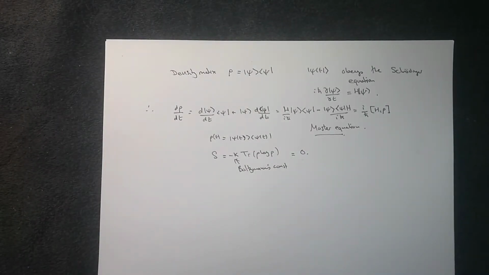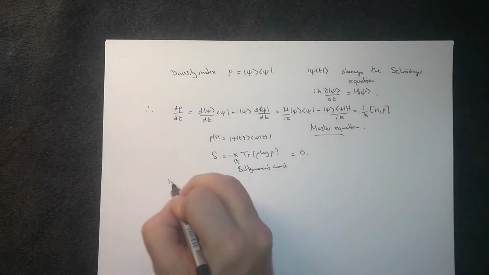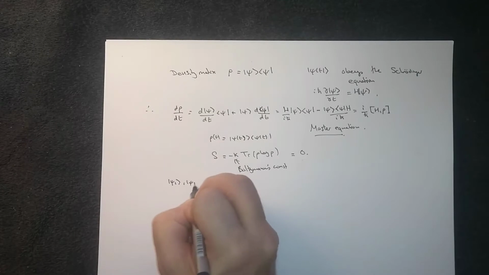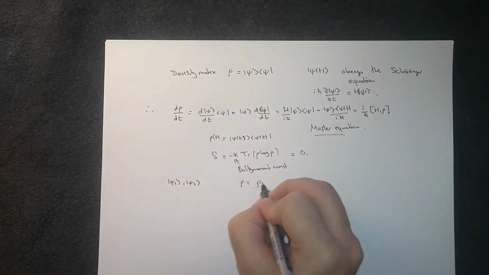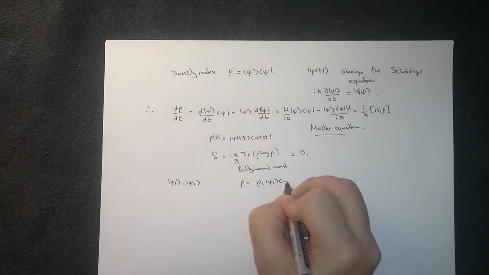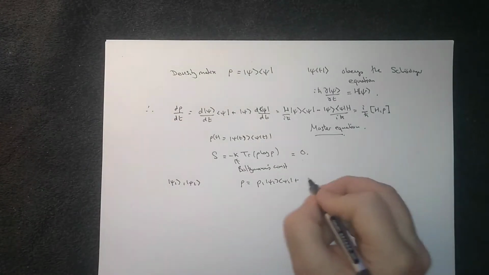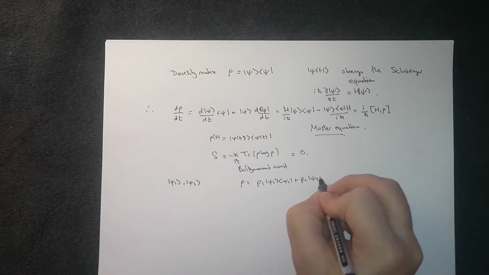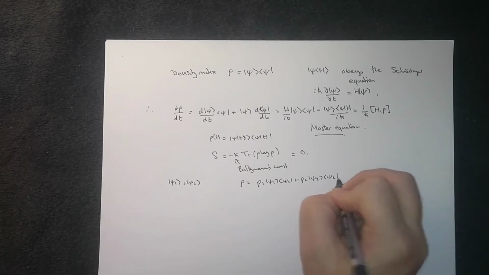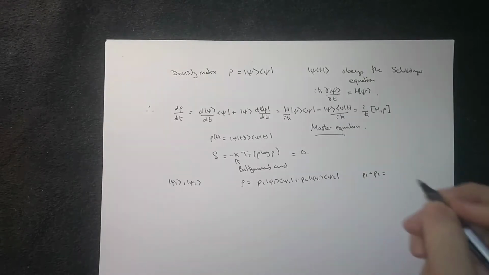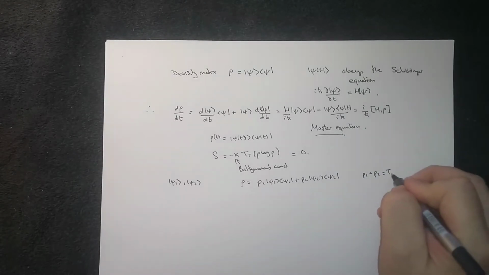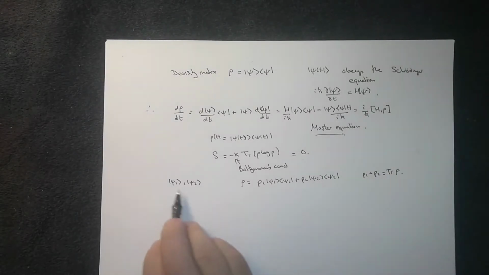Let's consider a density matrix constructed from a pair of orthogonal states ψ1 and ψ2 in the following way. ρ equals P1 ψ1 ψ1 plus P2 ψ2 ψ2, where P1 plus P2 is equal to the trace of ρ, which is 1, these being normalized states.